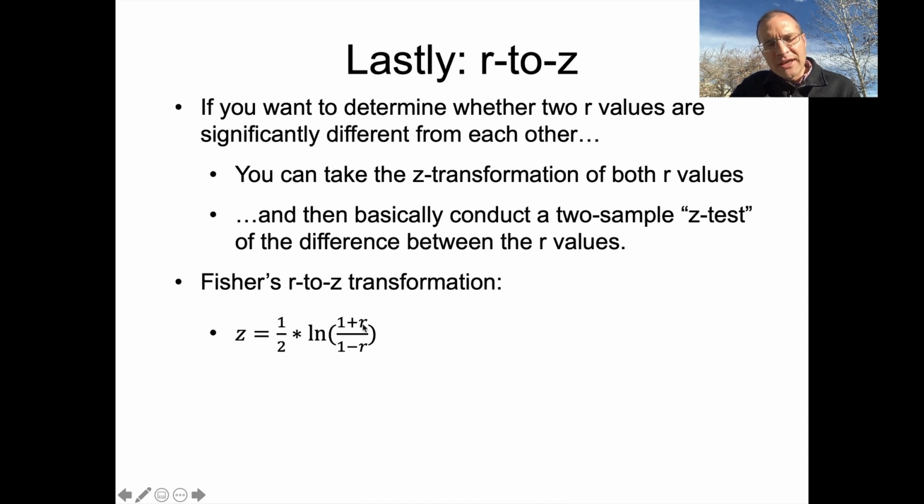The R value ranges from -1 to 1, and the Z value will be normally distributed. To do this, you use the natural log function, symbolized ln here, and you take the natural log of 1 plus R divided by 1 minus R.